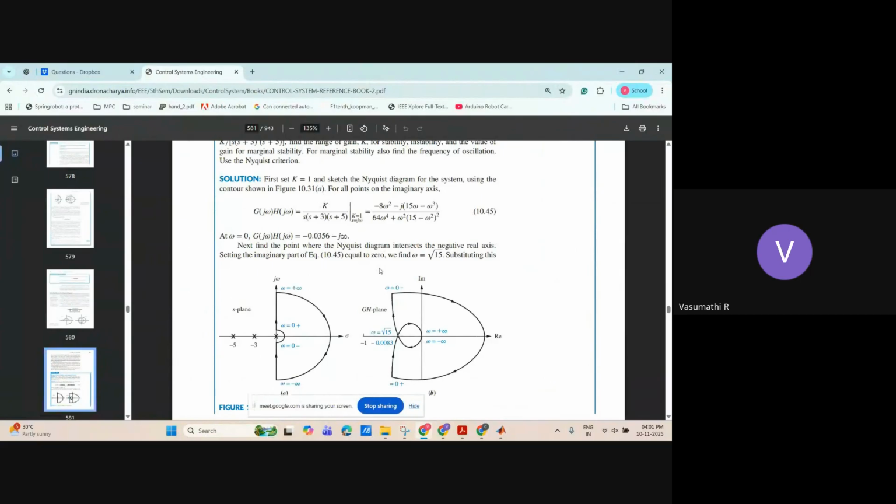What will be the roots of s square plus 4s plus 50? It's also stable.